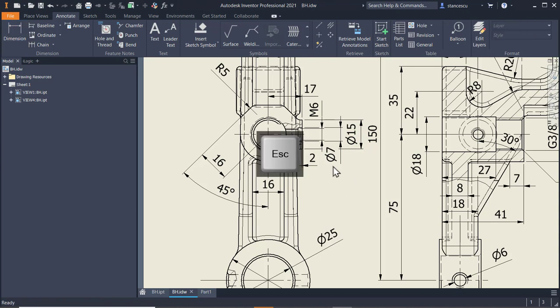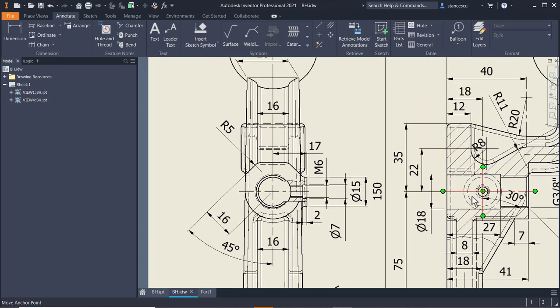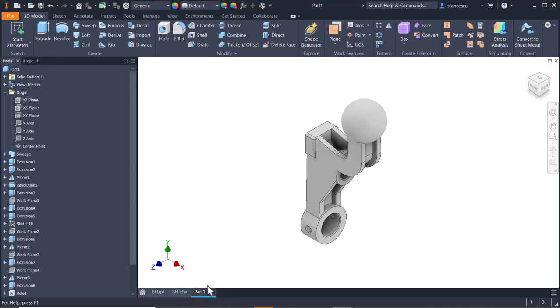Yes, let me make this more legible. Not so. Diameter 15 at 17 from the XY plane, and at a distance of 18 from the face. Good.